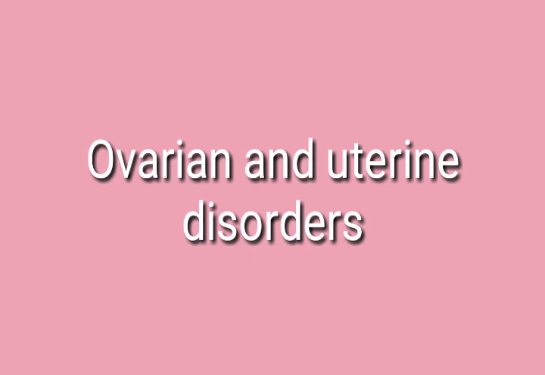If it involves the pouch of Douglas, a section of the peritoneum located between the rear wall of the uterus and the rectum, it can cause dyschezia or pain with defecation. It can also cause urgent, frequent, and sometimes painful urination if it involves the bladder, and abdominal pain if it involves the intestines. All of these symptoms will often vary with the hormone changes throughout the menstrual cycle, and often get worse during menstrual periods.